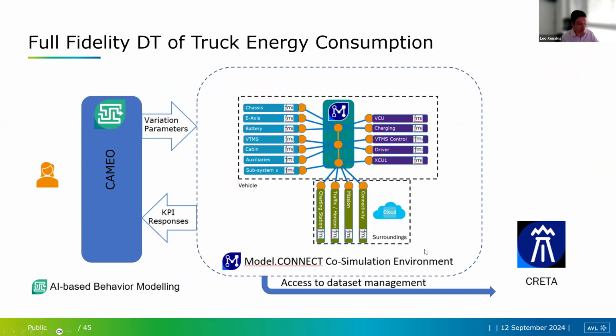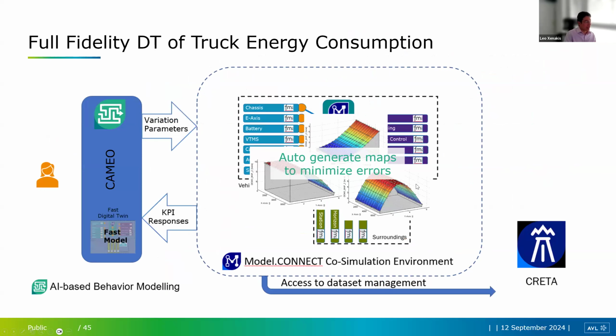Okay, I think we're running a little bit short on time, so we've got to maybe cut some of this out. But essentially, when you have full fidelity digital twins, there's a particular task which tends to take up a lot of time and is quite difficult to do, and this is to auto-calibrate maps.